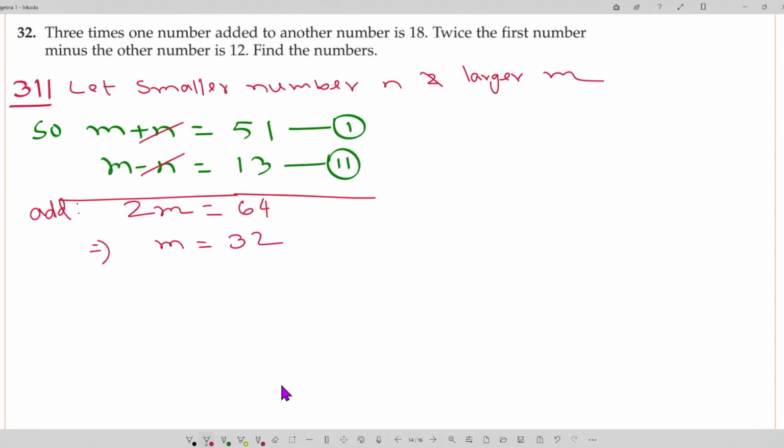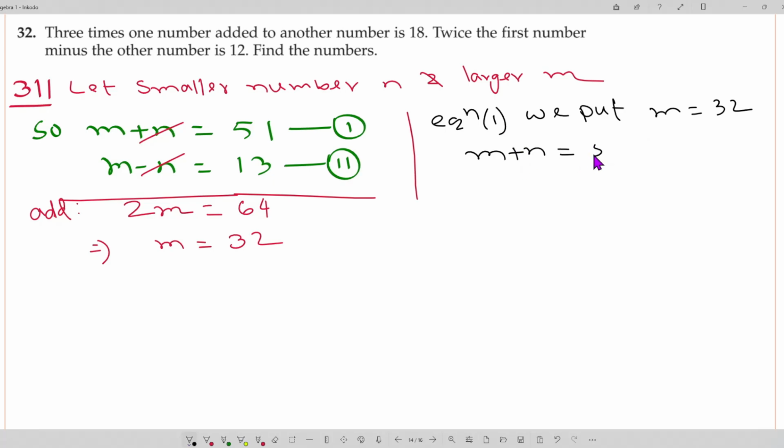Now in any equation, suppose equation 1, we put m equals 32. So m plus n equals 51. Then 32 plus n equals 51.